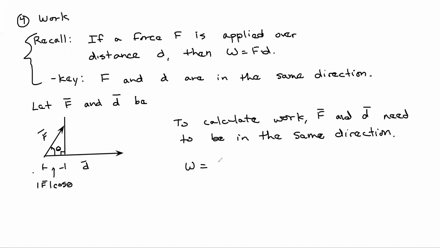So we start off work is, we know it's force times distance, and then the force, the part of the force here that aligns with D, because they have to be in the same direction, is not going to be this big F here. It's going to be this portion of it, F cosine theta.